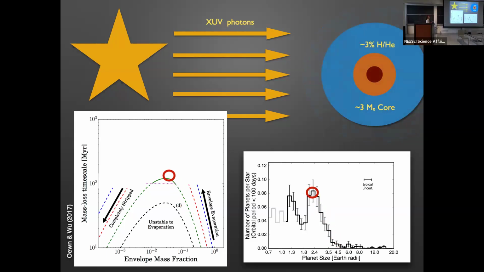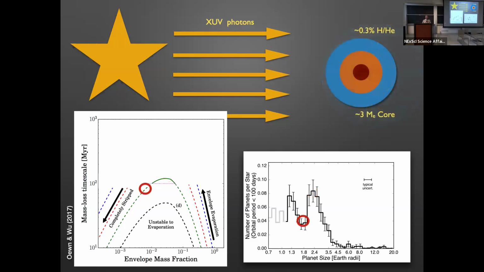Now you've crossed that horizontal dotted line, and you've ended up at 3% hydrogen helium by mass. That puts you at about 2.4 times the size of Earth, right in the peak of the slightly larger planets, or the sub-Neptunes.